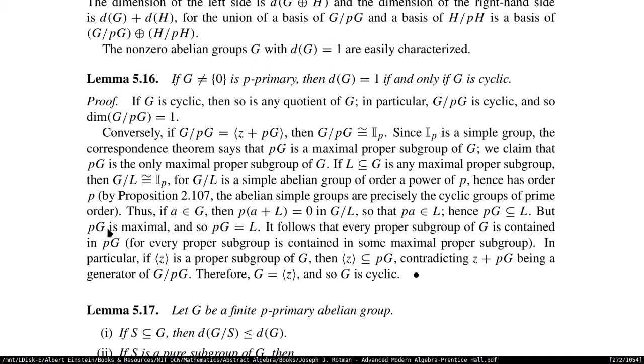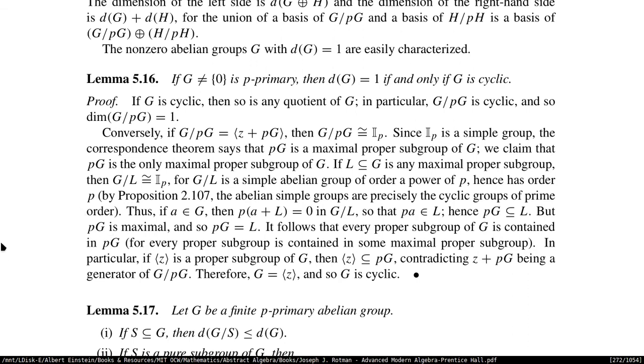We haven't seen maximal subgroups before, have we? I think he just means maximal in the sense that any larger subgroup is going to be G itself. So it's just a subgroup that's not contained in any other proper subgroup.